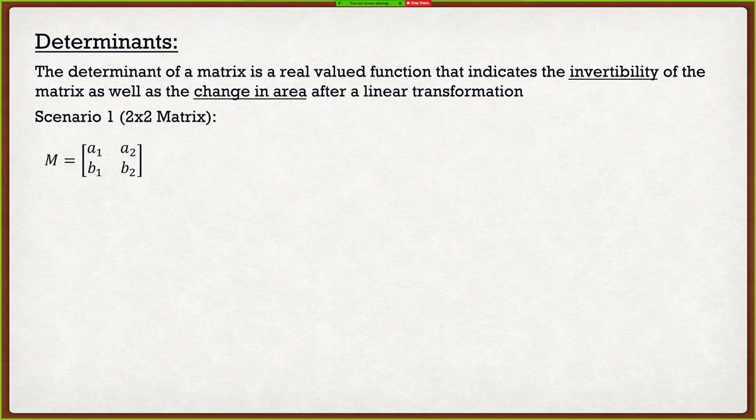So let's look at scenario 1 where we have a 2 by 2 matrix. It has components A1, A2, as well as B1, B2. The determinant of this matrix M, which we write with absolute bracket signs around the matrix, is simply going to be A1 multiplied by B2 minus A2 multiplied by B1. So it's actually very, very simple to calculate in 2D.